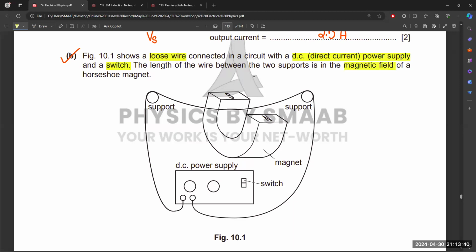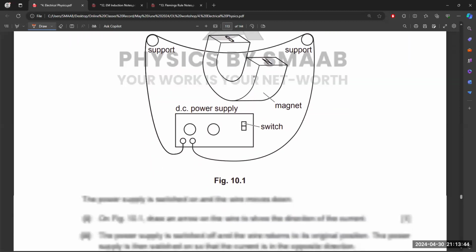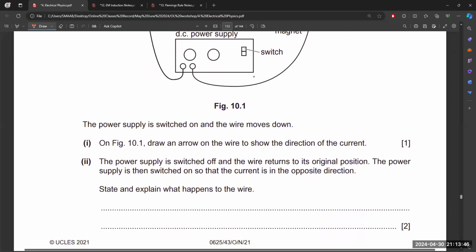So there is a magnetic field of a magnet in which this wire is hanging freely, and the power supply is switched on and the wire moves down. From the concept of Fleming's left hand rule, when current passes through the conductor, it exerts force in an upward or downward direction. So basically force acts in the downward direction, and it moves down.